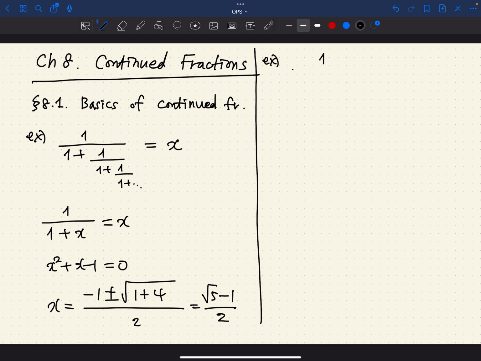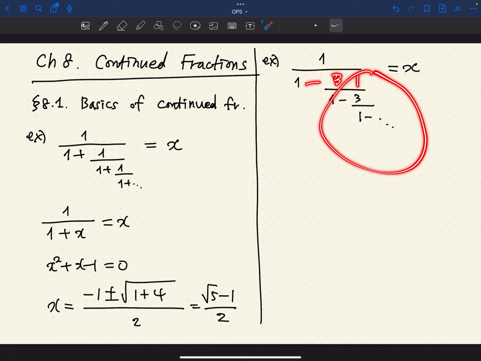Let's do the same thing with this. Same thing. Obviously, we can try the same thing with x. Not exactly x, but 3 minus 3, and then if you look, this is exactly x.